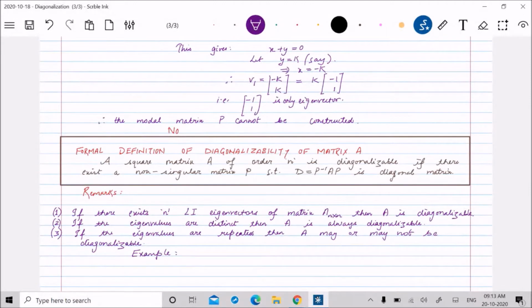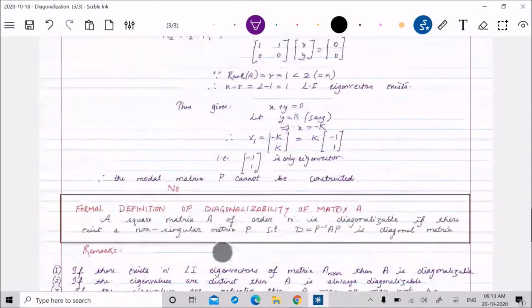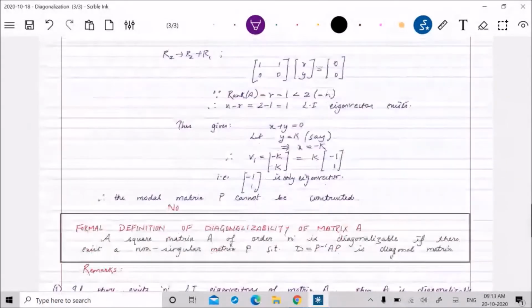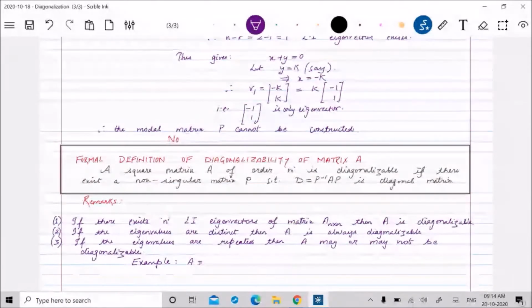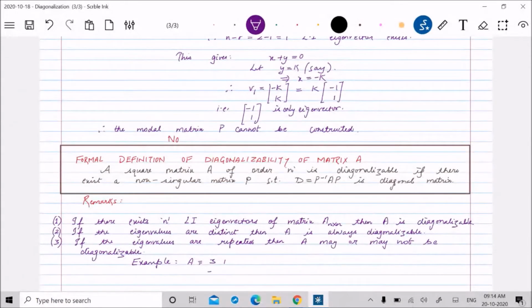Example: the matrix A was 4, 3, 1, minus 1, 1, 3, 1, minus 1, 1. This is a matrix we took yesterday.